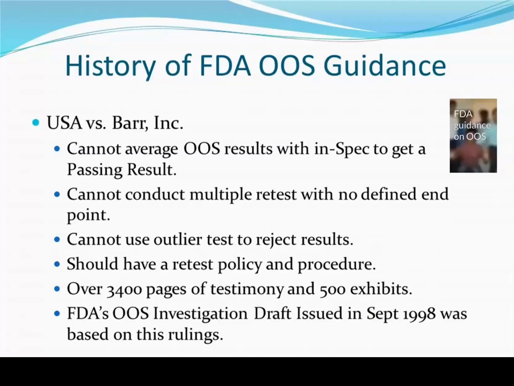They had some issues with the way that they were documenting their out-of-specification results and their additional testing, and they alerted their headquarters. As a result, a lot of things occurred.